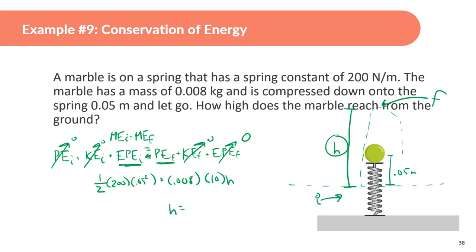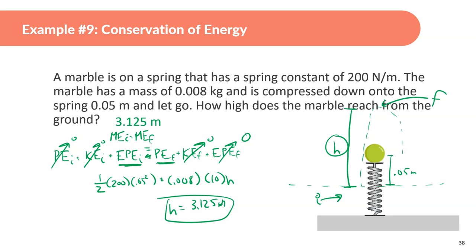Oh wow, this went high. Sorry, let me do it again. 0.05 squared times 100 divided by 0.008 divided by 10, sorry. And we get 3.125 meters.